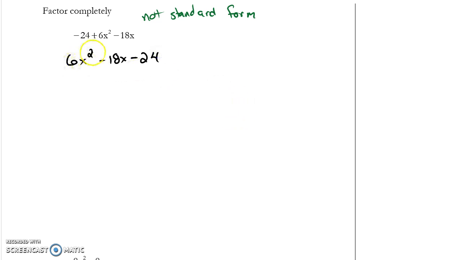Now, my x squared has a number in front of it. It's a GCF problem. So I factor tree. 6, that's 2 times 3, and x squared is x times x. 18. If I have to go somewhere else and factor, I will. 3 times 6. 6 is 2 times 3, but just like with this other factoring that we're just learning now, I can't forget that 3.